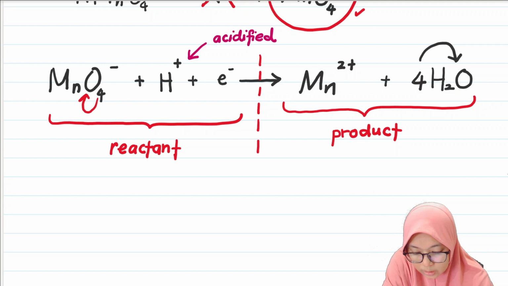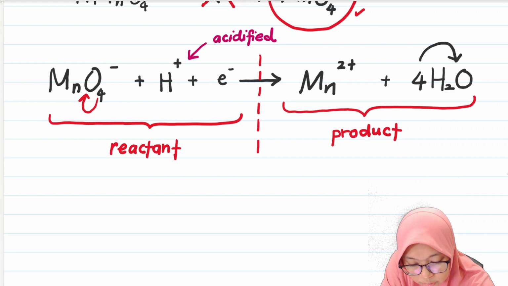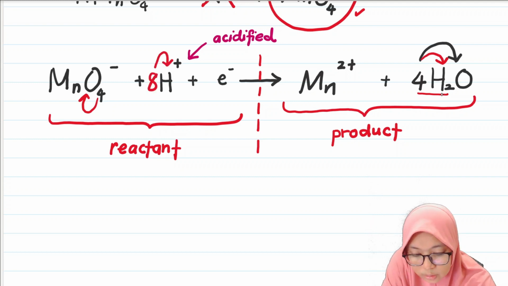As you can see, we have 4 oxygen on the product side, and because 4 is in front of the water molecule, 4 will multiply the hydrogen atoms also. Hydrogen has 2, so 4 times 2, so you put 8 hydrogen ions. So 8 hydrogen ions means 4 times 2 hydrogen in the water molecule.